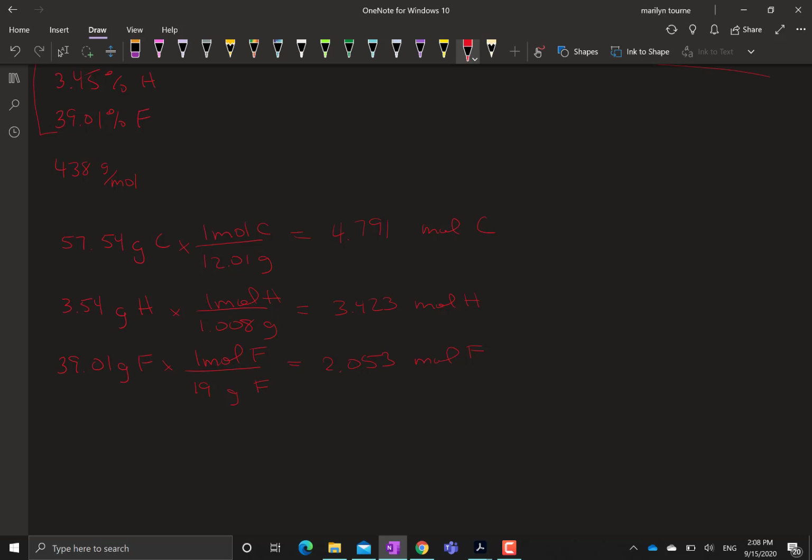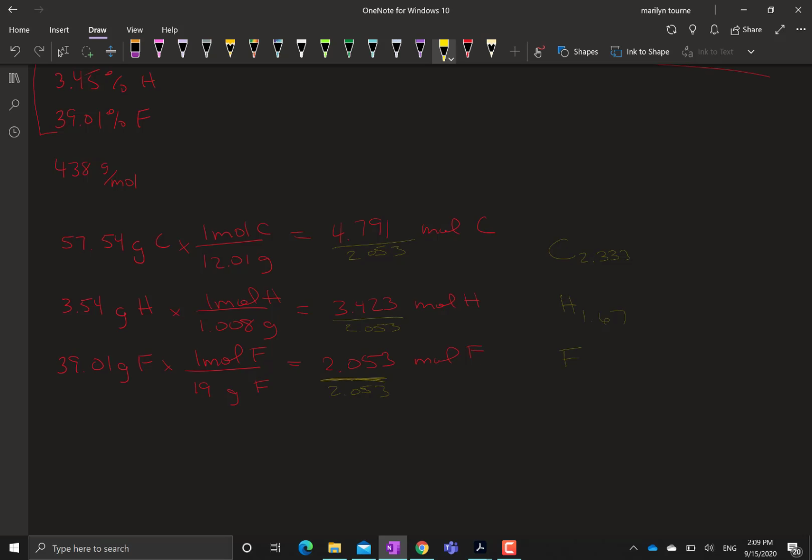At this point, you need to divide by the smallest number you have. If you look, the smallest moles is this one. It's 2.053. So if you divide everybody by 2.053, you will get, for carbon, 2.333. For hydrogen, you're going to get 1.67. And of course, for fluorine, you're going to get 1.